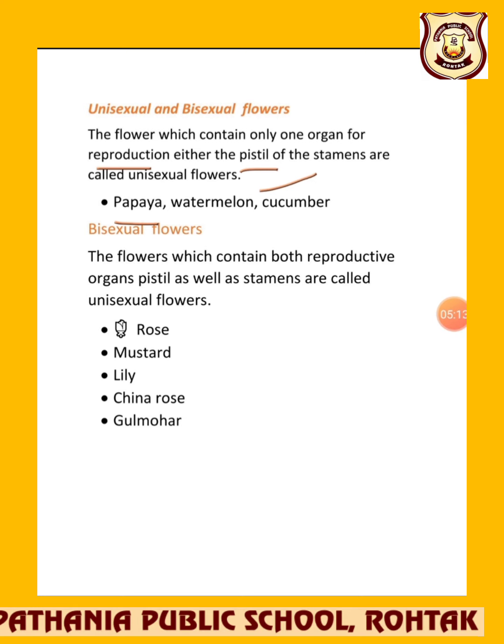Now I am discussing bisexual flowers. The flowers which contain both reproductive organs, pistil as well as stamen, are called bisexual flowers. So what are the examples of unisexual and of bisexual? Examples of bisexual flowers are rose, mustard, lily, china rose, gulmohar.